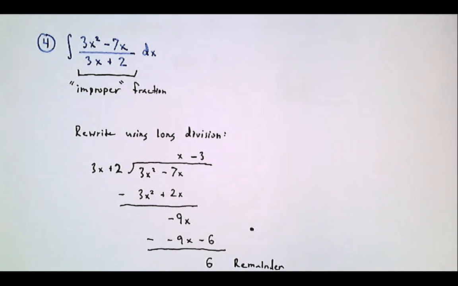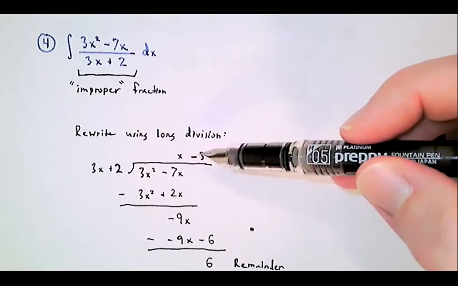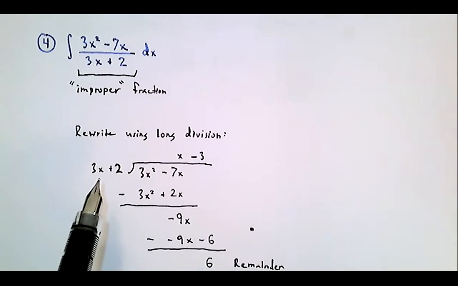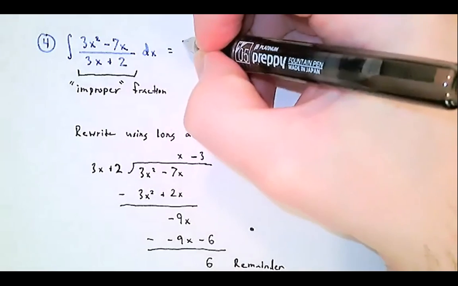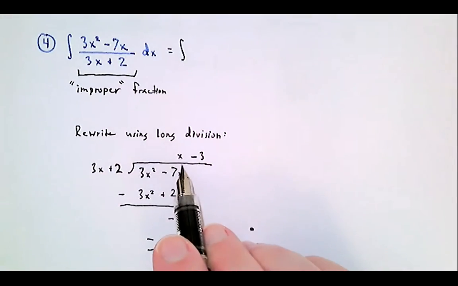And now we know how to rewrite this expression. We know it's going to be x minus 3 plus the remainder over 3x plus 2. So we go back to the integral. We write what do we call this?